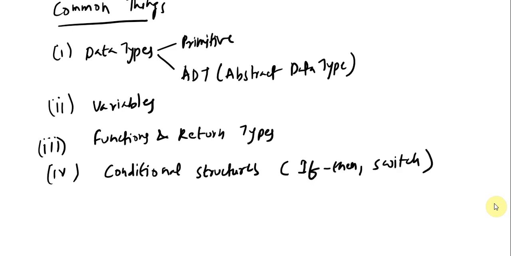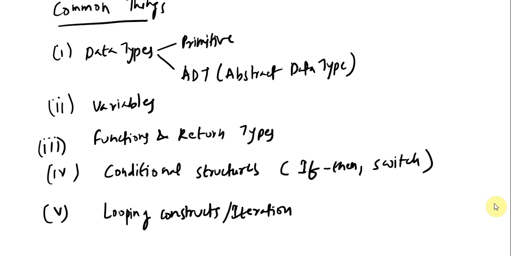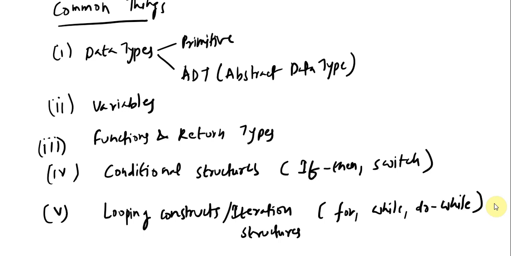And also we will observe some looping constructs or the iteration structures. Generally we see the use of for loops, while loops, and do while loops. These are some common iteration structures you will observe across these programming languages.